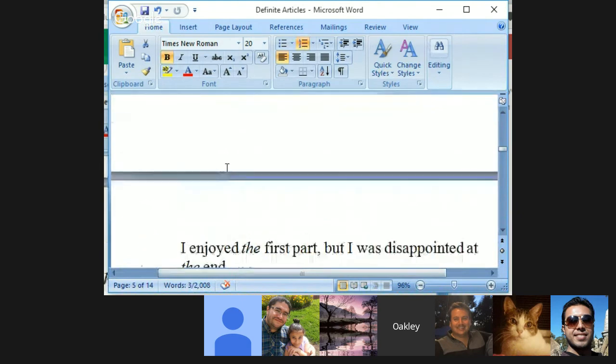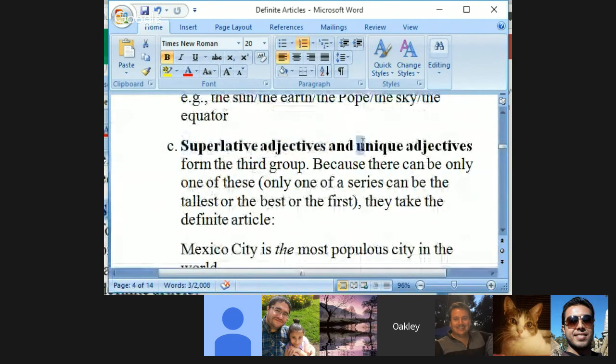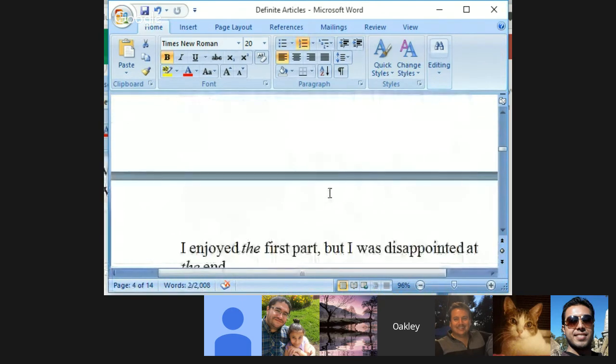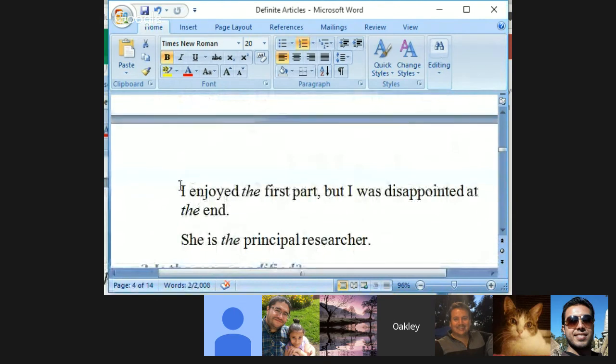Now the trickier one is unique adjectives. Well, here we go. I enjoyed the first part. I'm not using a tallest, best, longest superlative adjective. What I am using is an adjective first, an ordinal.